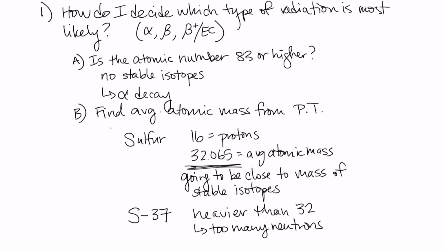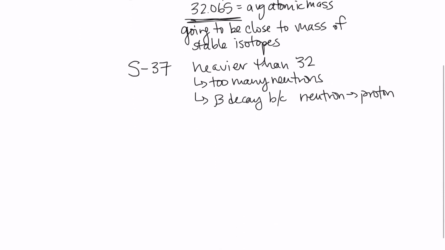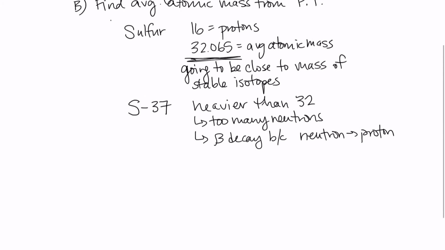And if it has too many neutrons, that means the most likely mode of decay is going to be beta decay because that turns a neutron into a proton. So that helps reduce the number of neutrons and increase the number of protons, getting us closer to a mass that we want to be at.